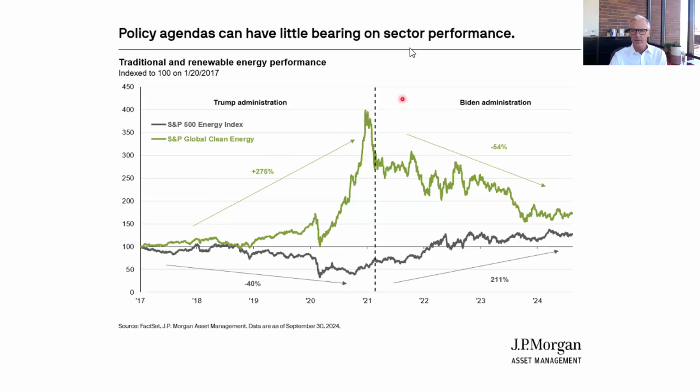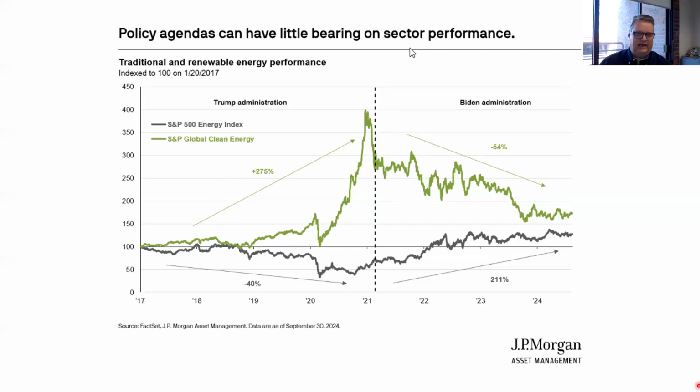You wouldn't have thought that during Trump, because he was the pro coal guy, and you would think the other typical energy sector would do a lot better, when in fact during his term it declined a little bit. And then as you look at Biden, it's just the opposite.